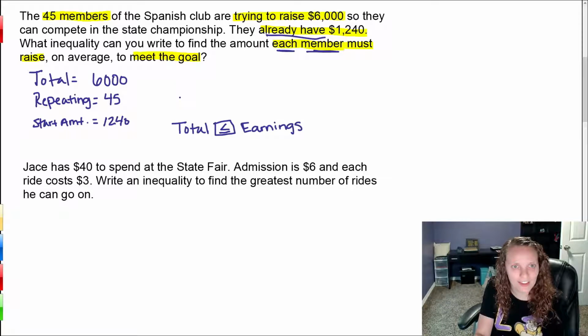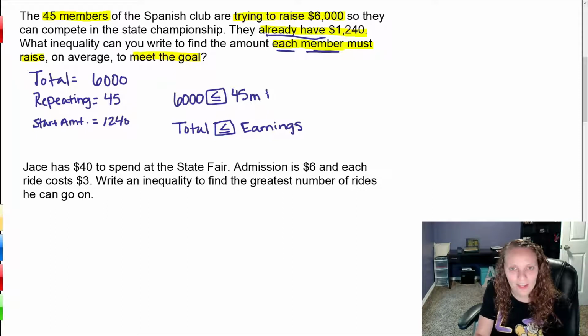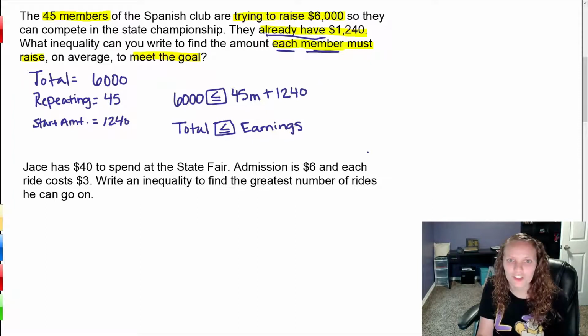So let's look at 6,000. Well, we already know our symbol. And then the earnings, well, M is going to be the repeating number, 45 members. And they're each raising hopefully the same amount of money, M for money. And then they had started off with $1,240. So there's our inequality.